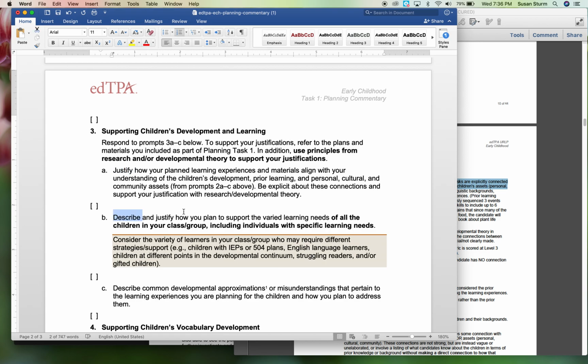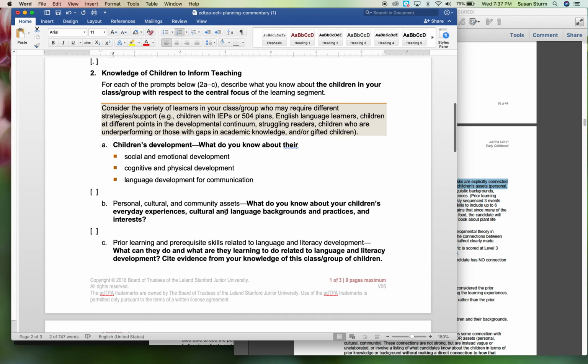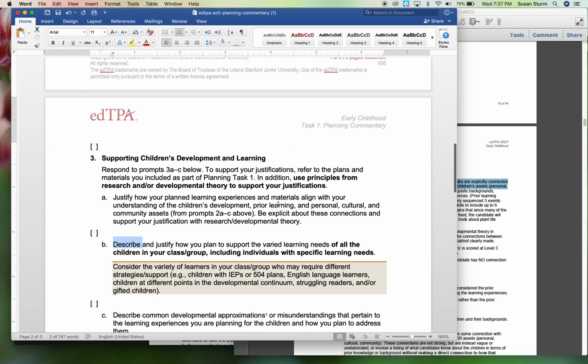So in number 3, to support your justifications, refer to your plans and materials that you included as part of your planning task 1. So you're actually going to cite your lesson plans here. And in addition, use principles from research or theory to support your justifications.